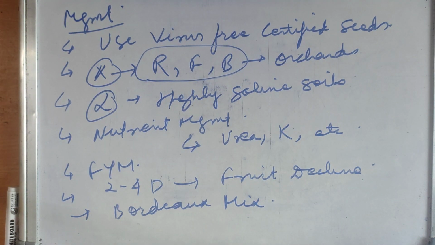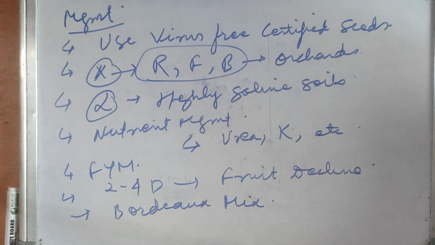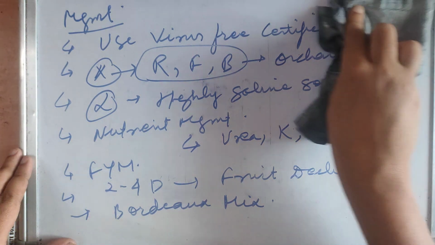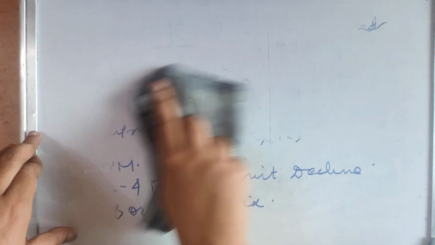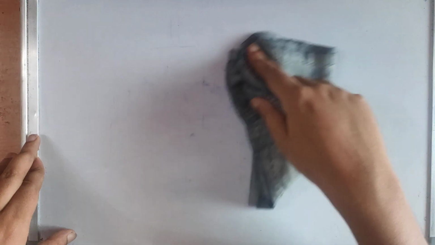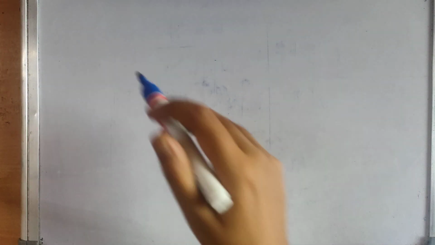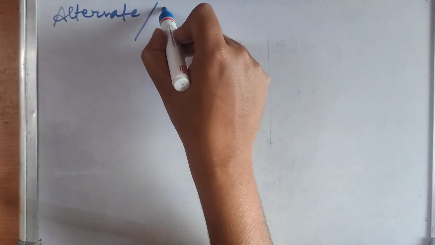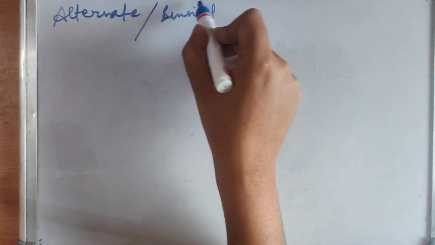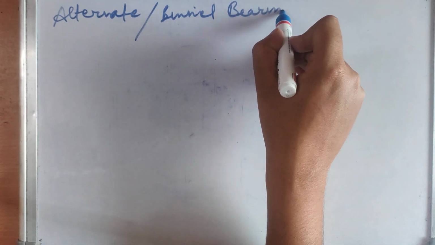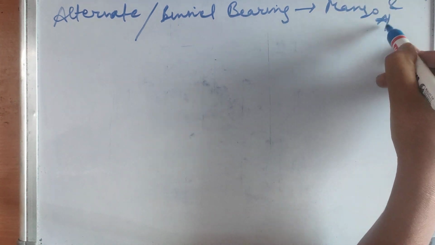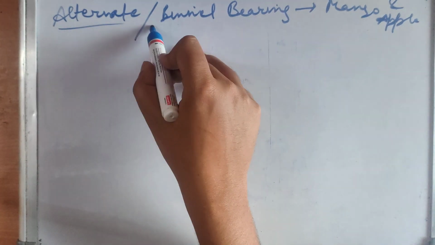Now moving on to the next topic of this session, that is alternate or biennial bearing in mango and apple. So what is alternate or biennial bearing?